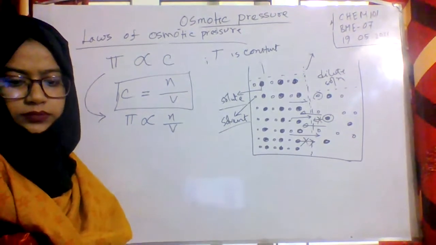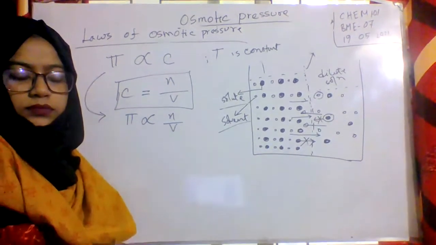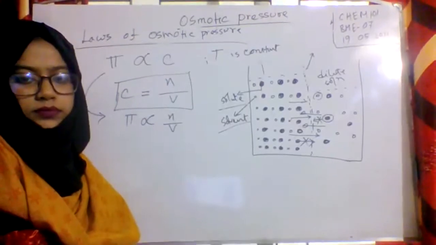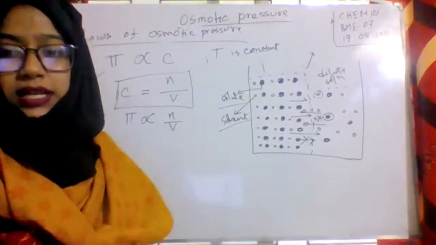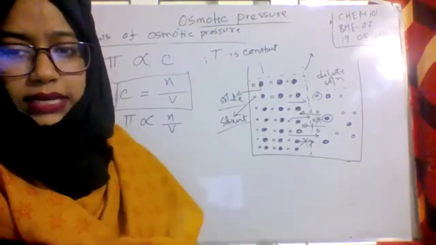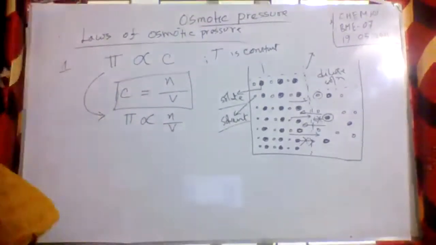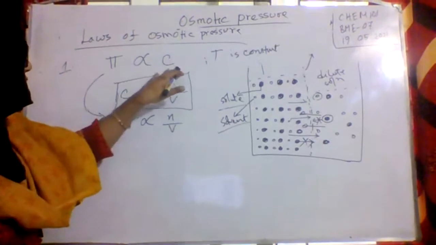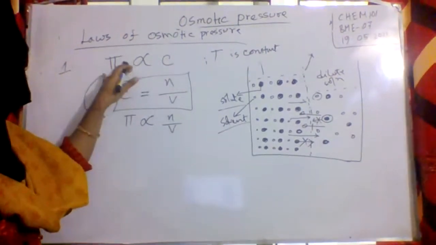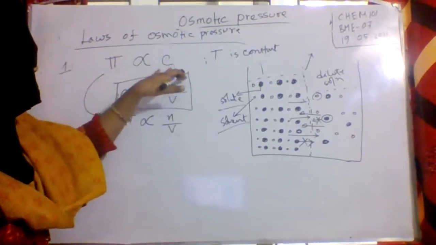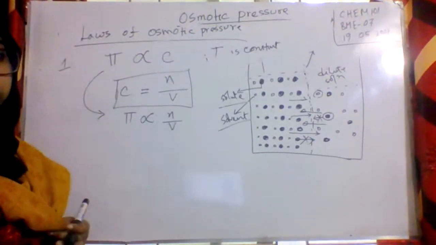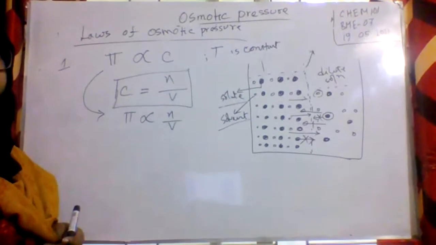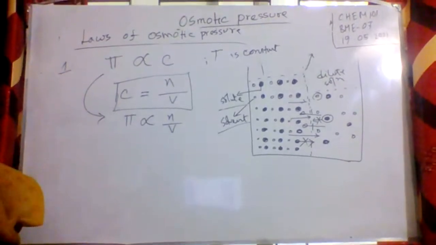It's a colligative property, so it depends on the number of moles of the particles. If I increase the concentration, the pressure will increase. If I decrease the concentration, it will decrease, right? Can you understand?